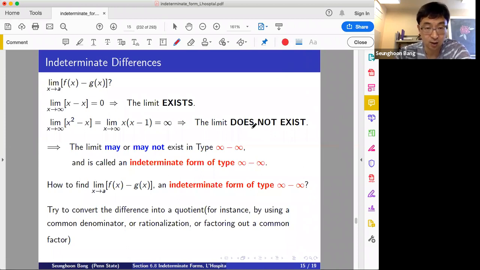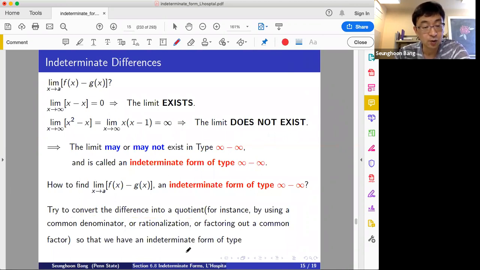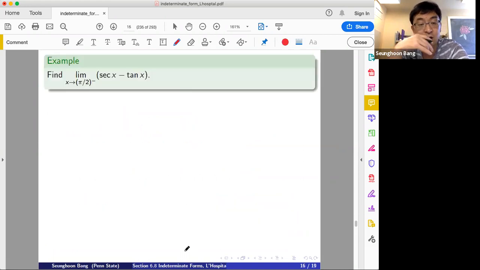That was the main idea, convert the difference into quotient form, like a fraction form. This is the idea, so that we have an indeterminate form of type 0 over 0 or infinity over infinity.